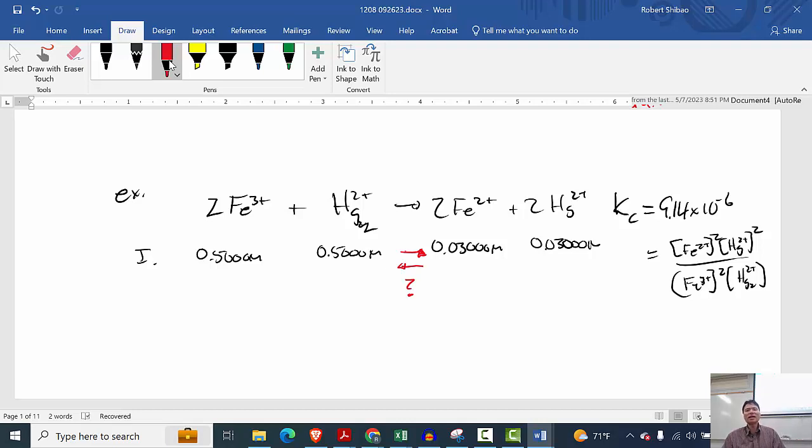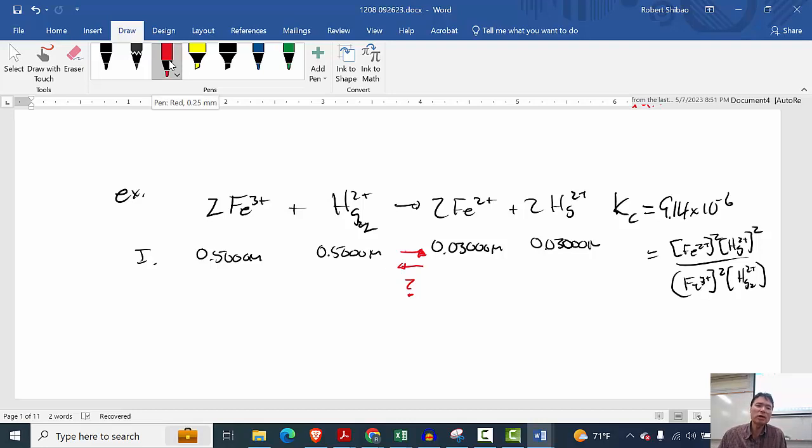If I had to guess, I'd guess that the reaction is going to go towards the reactants because this ratio is like 1 to a million. But the problem with that is we have to be very careful because the numerator is fourth order and the denominator is third order. So it becomes a little bit more tricky because the changes in the numerator are going to be more significant.